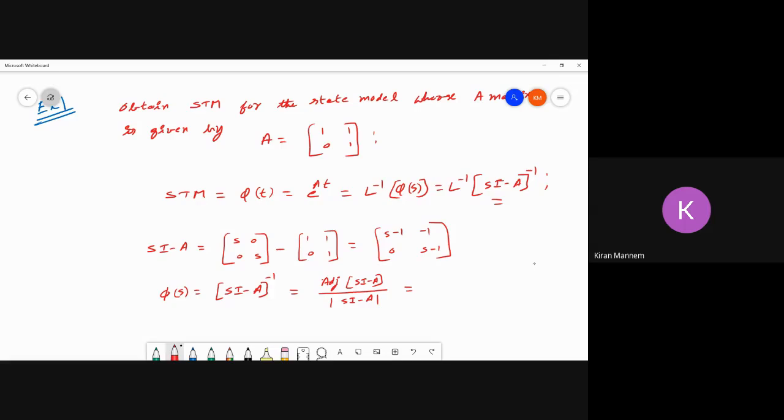So what is the adjoint of sI minus A and the determinant of sI minus A? The determinant would be (s minus 1) whole square. For the adjoint, we exchange the diagonal elements and change the signs of the off-diagonal elements.